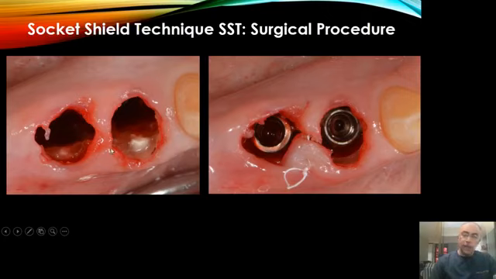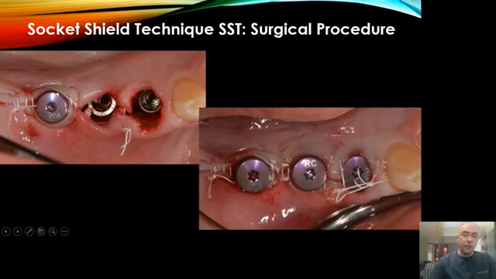We need to spend some time making sure we reshape the shield itself, and then place our two implants with good initial stability. In this case, I added another implant in the molar area in the back, and we could see from the extraction that we already have some buccolingual bone resorption, and we already lost some bone contour.